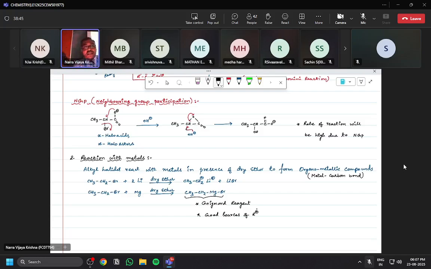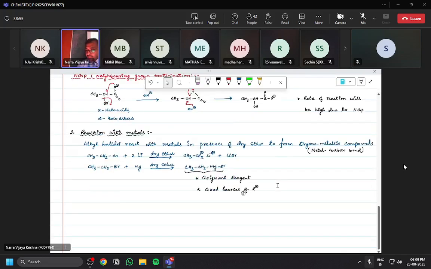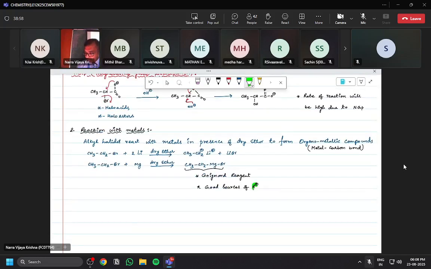If it is any positively charged species, then R minus acts as a nucleophile. If there is any polarity, R minus can act as a nucleophile. Response, sir. So this can act as a base, can act as a nucleophile.